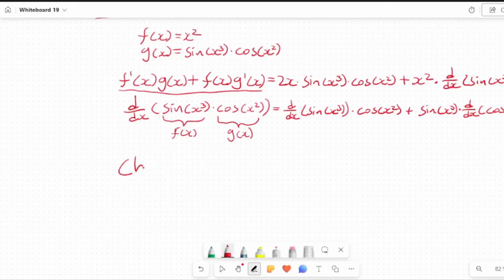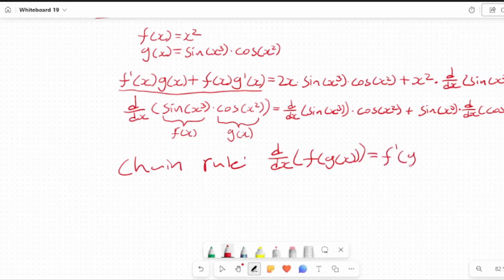The chain rule essentially states that the derivative of the composite function f of g of x is going to be equal to f prime of g of x multiplied by g prime of x. There we have it.